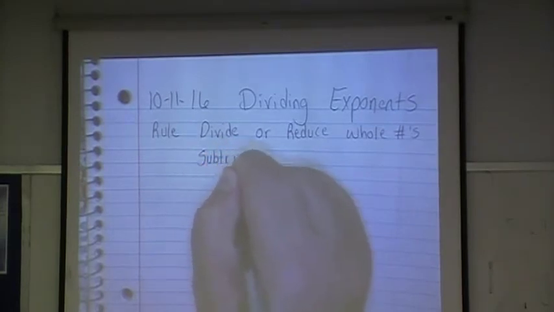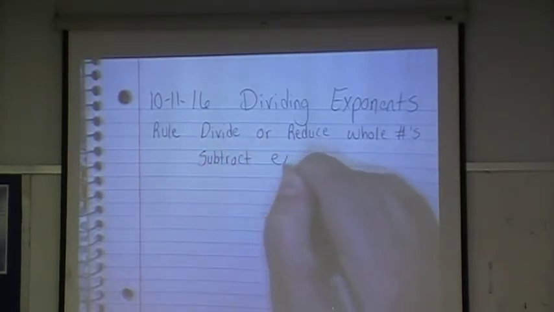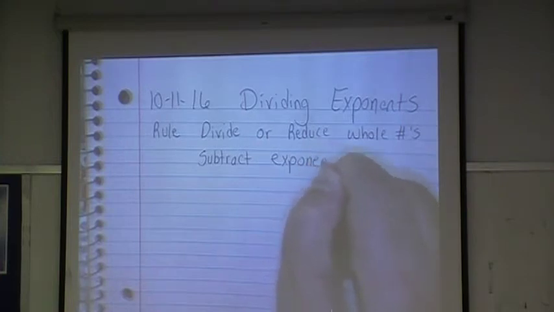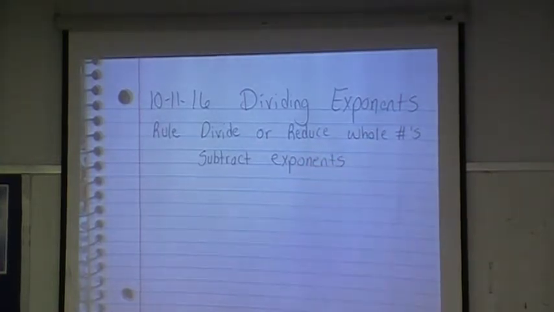And you're going to subtract the exponents. So you divide or reduce your whole numbers, and you subtract your exponents.